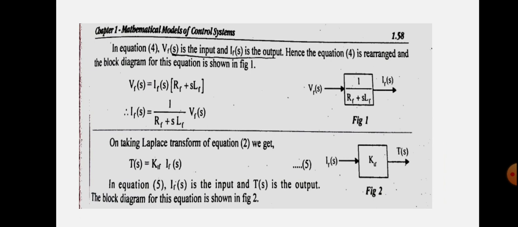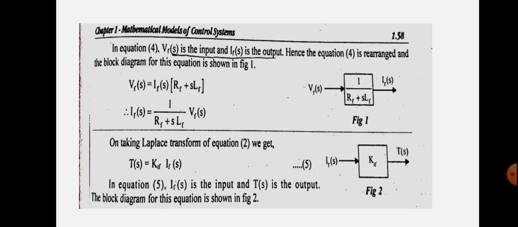Here If of S is the output and Vf of S is the input. So If of S is equal to 1 by Rf plus S into Lf into Vf of S. So this equation can be diagrammatically shown by a block diagram, which is shown in figure 1.